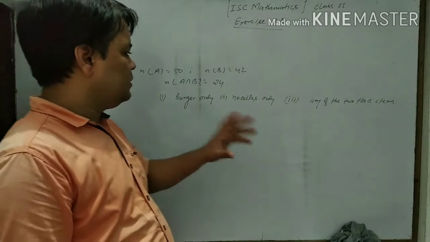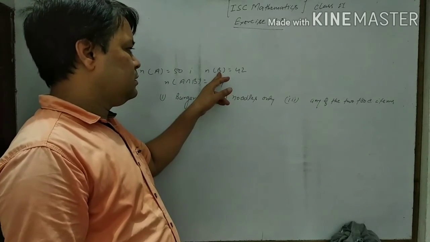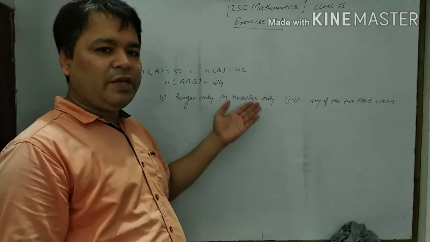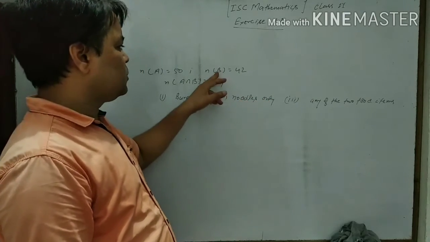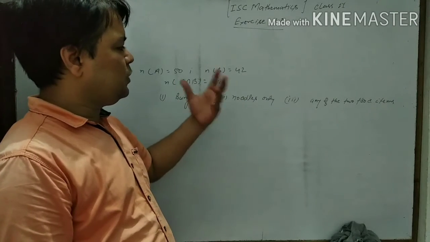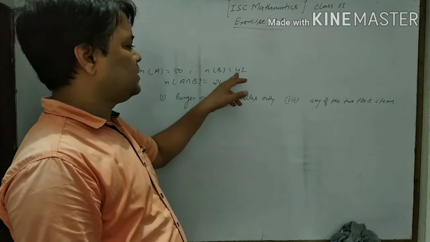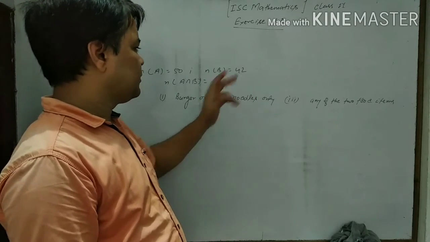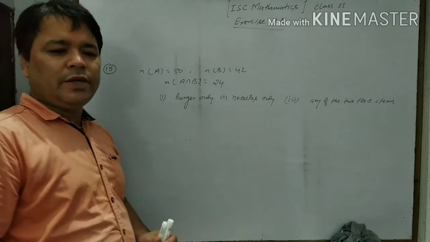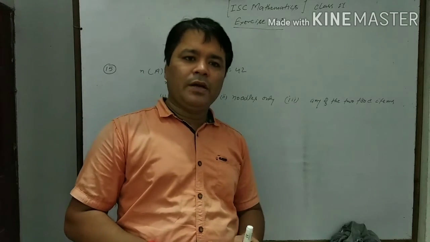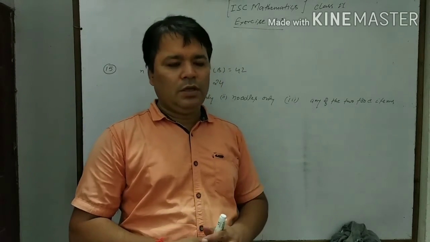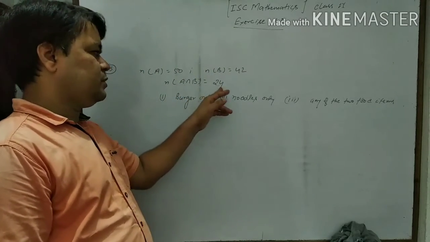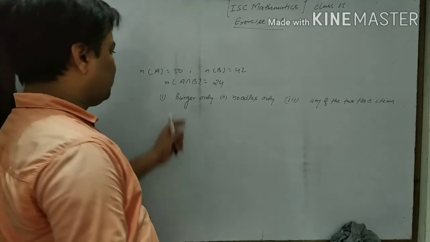Let B be the set of students who eat noodles, and the total number of students who eat noodles at lunch is 42. Therefore cardinal number of B is equal to 42, and the number of students who eat both burger and noodles is cardinal number of A intersection B, equal to 24. We have to find this.